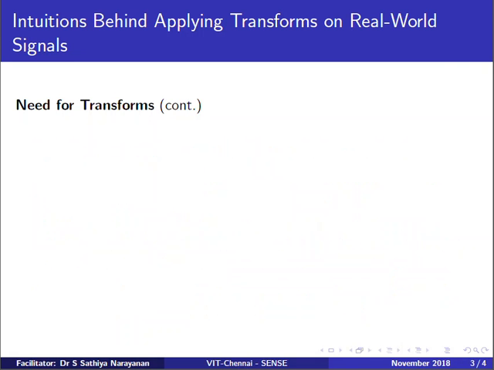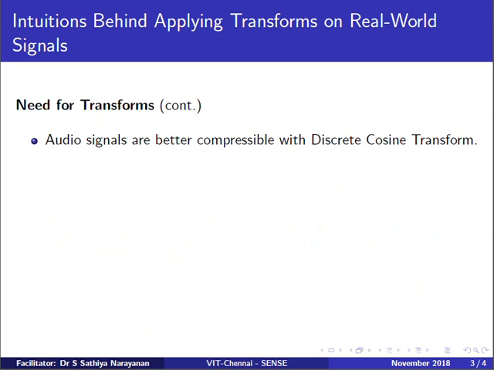Let us see some examples of real world signals and in what transform domain they are compressible or have a compact representation. Audio signals are better compressible with discrete cosine transform. If you just plot the audio signal, it is spread across time, so it is not compressible by itself.